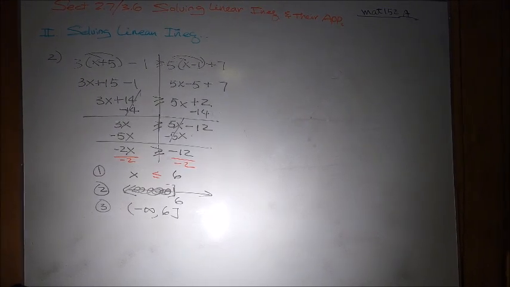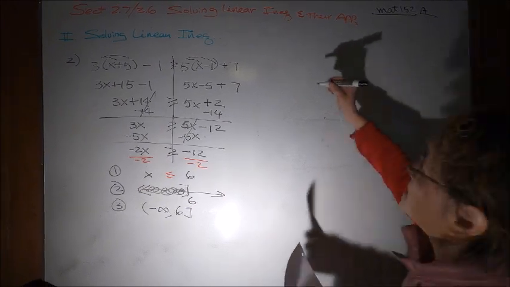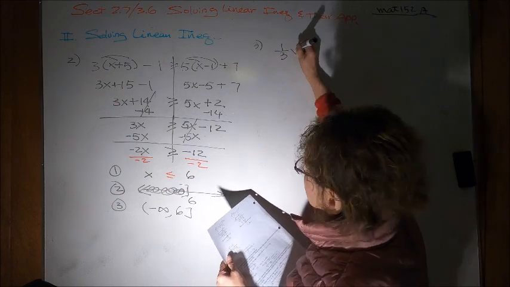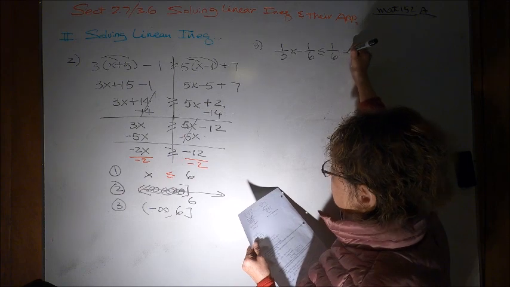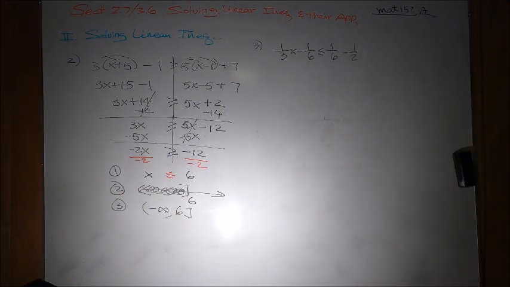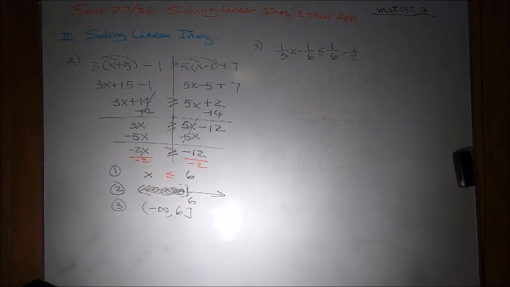Let's see next one. We are on page 18 now. So, number 3. Take a look at this one. What's the difference between this one and the earlier one? What do you think? This one is a fraction, right?